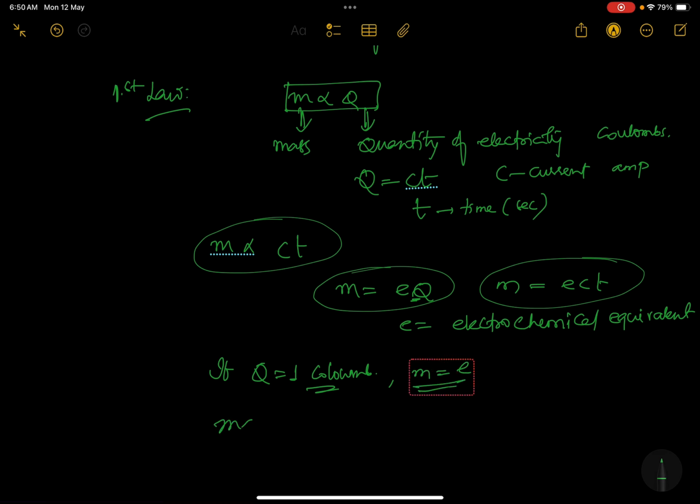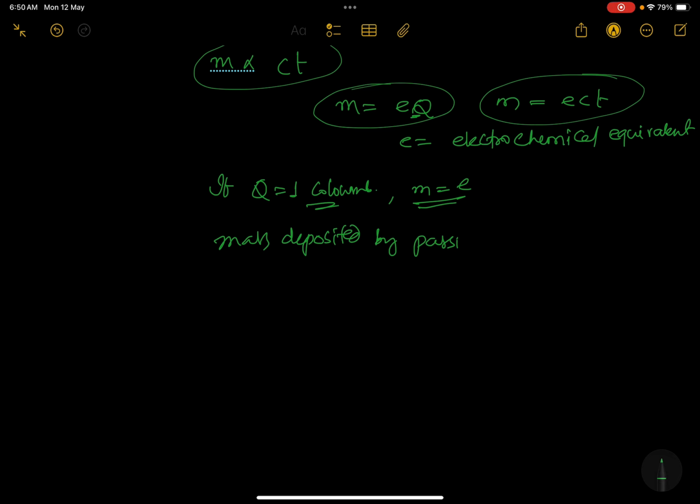So the mass deposited by passing 1 coulomb of electricity is the electrochemical equivalent. One more definition I will give you: chemical equivalent.